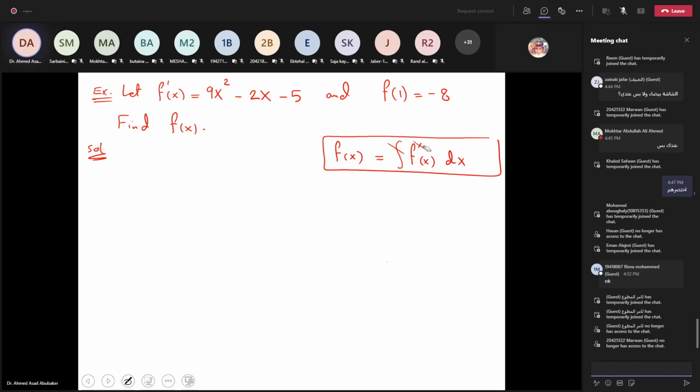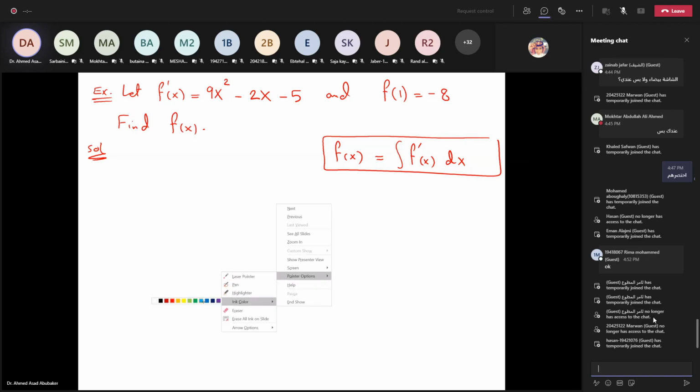So we have f of x. Okay. So this is not the result or the answer yet. F of x equals what? If we need to find f of x, and are given f prime, we must take the integral of f prime.